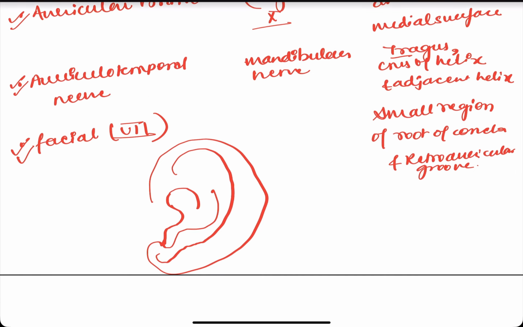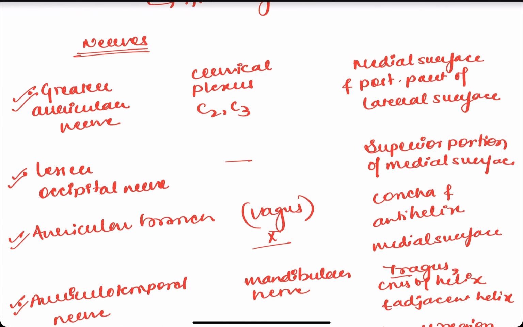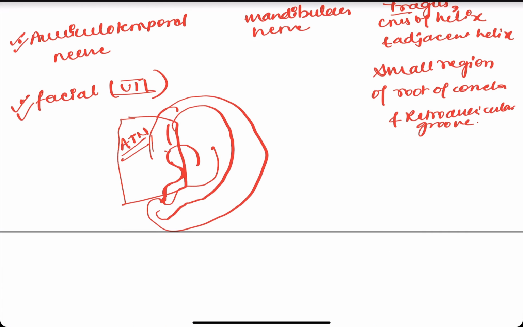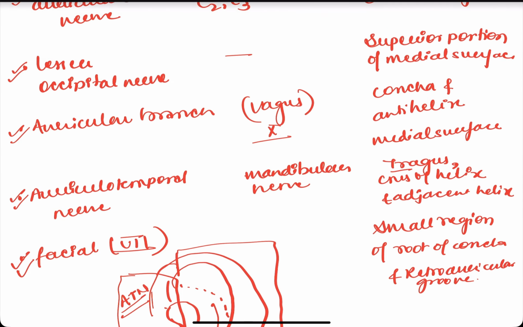So this is the tragus and this is our crus of helix. This part is supplied by the auriculotemporal nerve, which is the branch of the mandibular nerve. Next is the greater auricular nerve, which supplies our medial surface. So the maximum part is supplied by the greater auricular nerve.